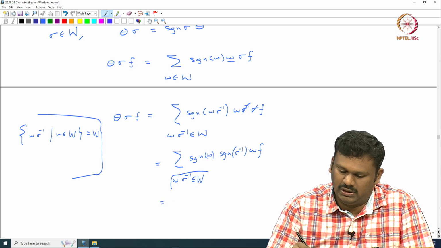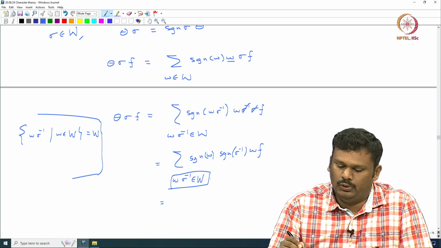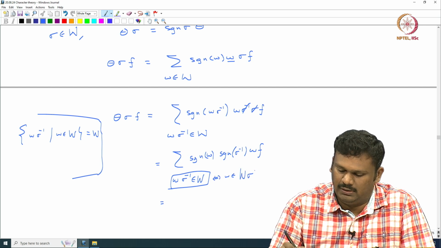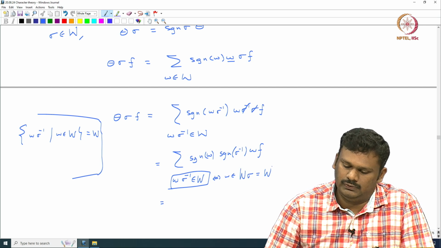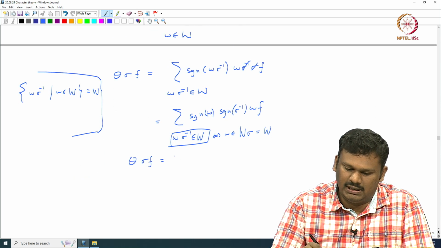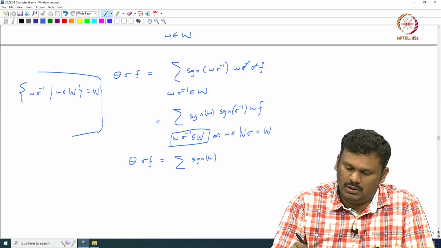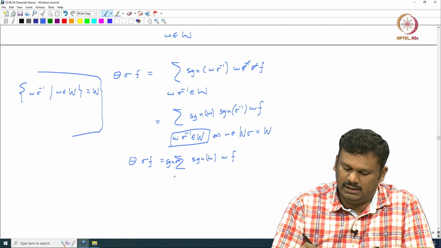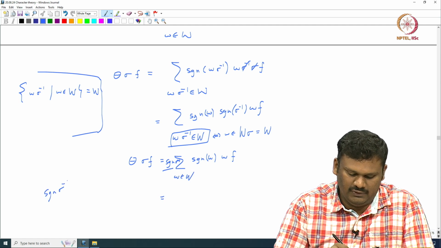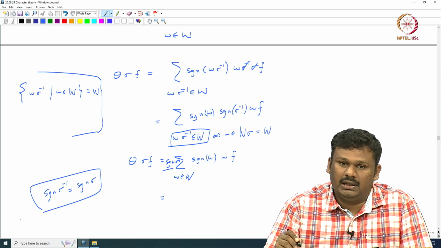So, now this you can replace by w. So, this is the same as w in W sigma, which is exactly W. So, this says that theta sigma f is nothing but summation sine of w, w f, and then you get the sine of sigma inverse outside, w in W. But note that sine of sigma inverse is the same as sine of sigma. So, that does not change.